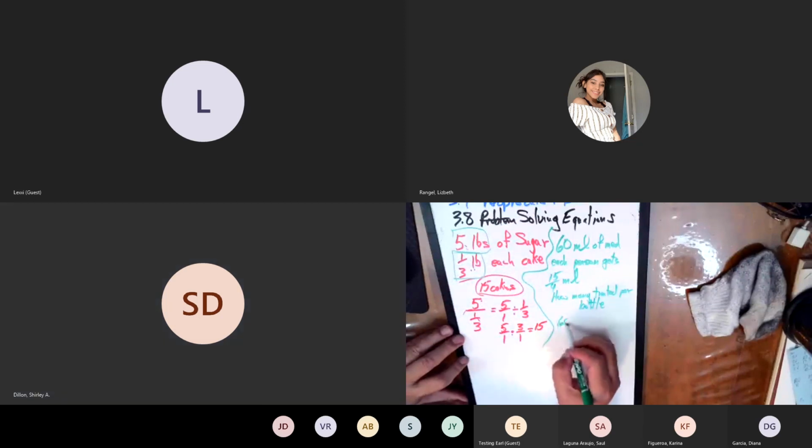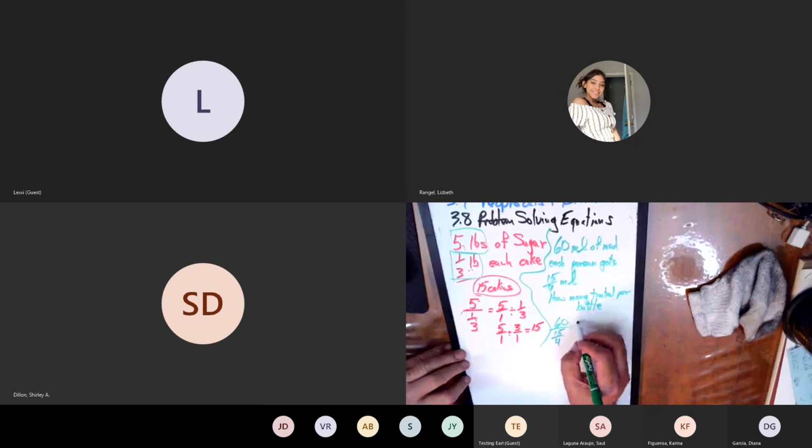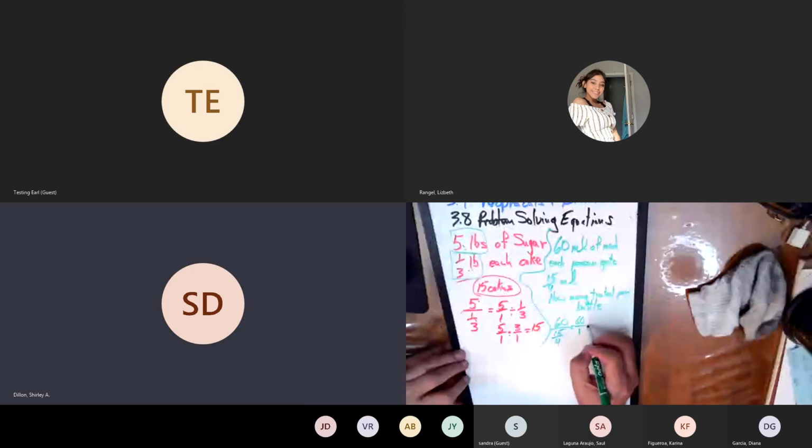So I'm going to take 60 milliliters, and I'm going to divide it by 15/4. All right, and how am I going to do that? I'm going to take 60 over 1 divided by 15 over 4. When you divide the fraction, you leave the first one alone.